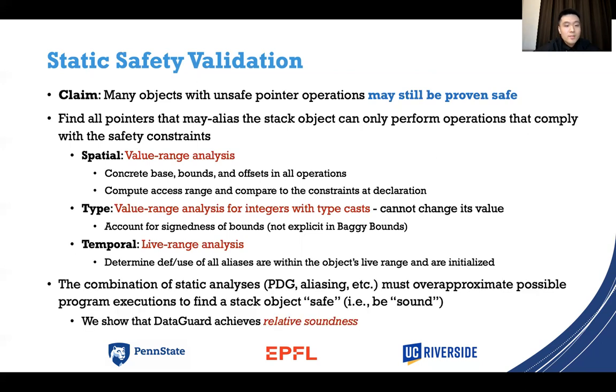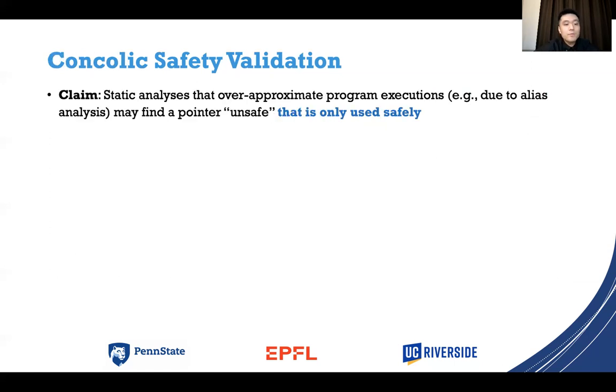Besides these analyses, we also utilize the PDG and the SVF analysis for aliasing purposes. To ensure the soundness of our analysis, we approximated the possible program executions and achieve relative soundness, assuming all the relied analyses are sound. Then for the unsafe objects found by the static analysis, there may be false positive cases given the over-approximated static analysis.